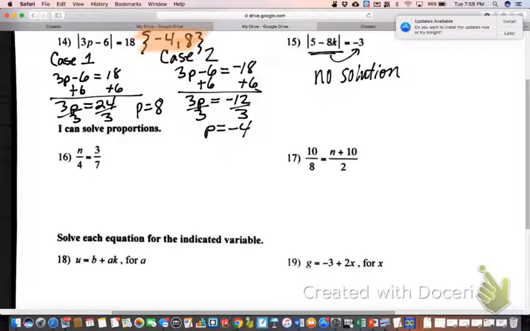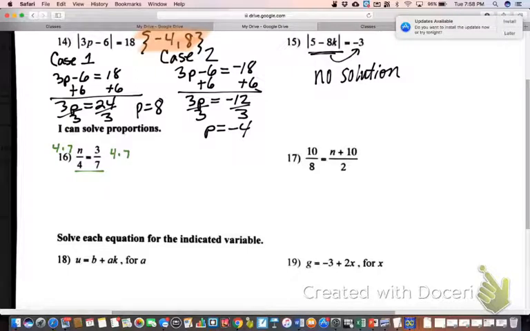For number 16, I personally would clear out those denominators, and I would do it by multiplying by a 4 and a 7, the least common multiple, which of course is a 28. Or I can think of it as two separate terms. So I'm going to multiply this by 4 and 7 over here. Then I'm going to multiply the other side by 4 and by 7.